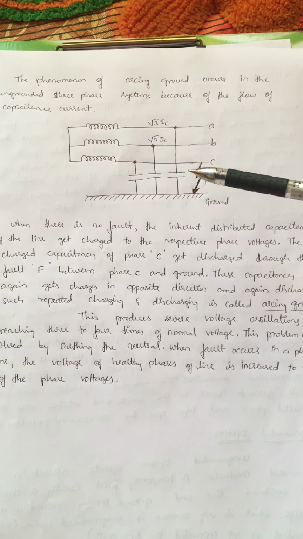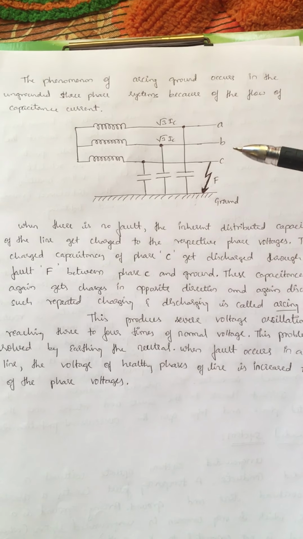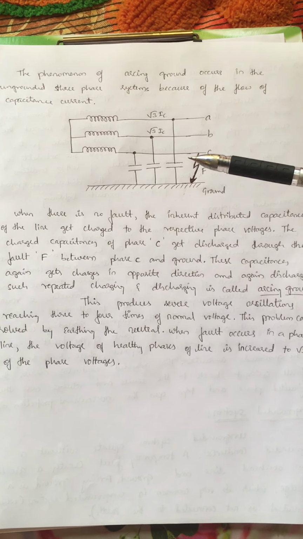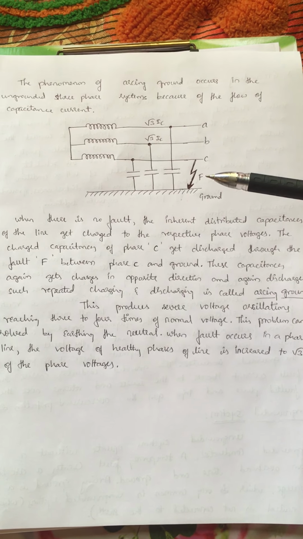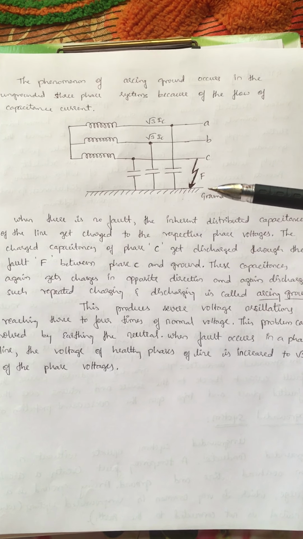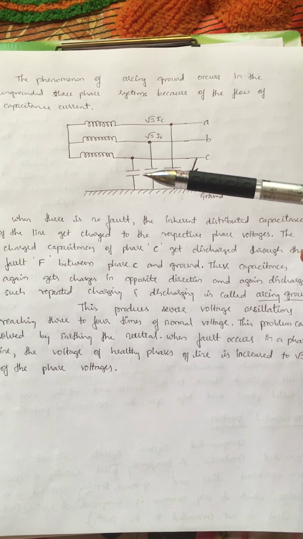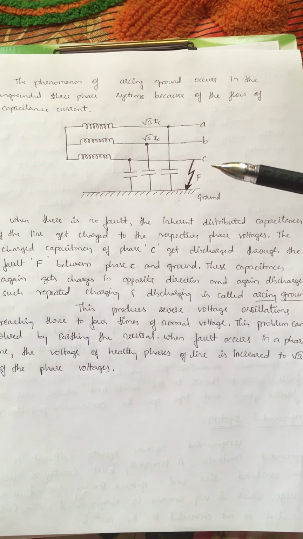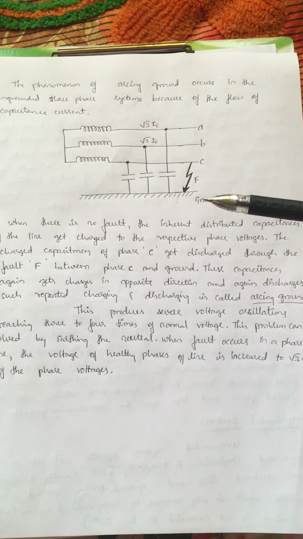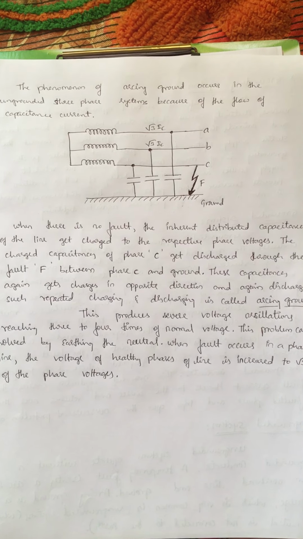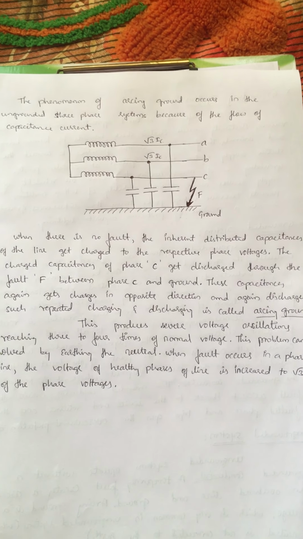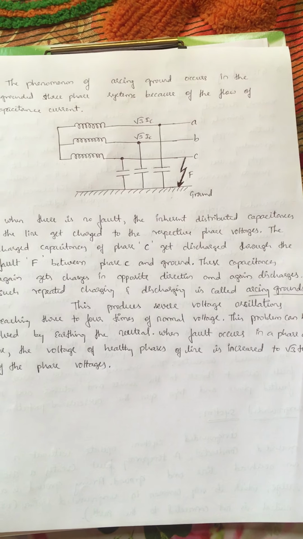Now let us see with respect to a particular phase: the charged capacitance of phase C gets discharged through the fault F between phase C and the ground. These capacitances again get charged in the opposite direction and again discharge. This repeated charging and discharging is referred to as arcing ground.